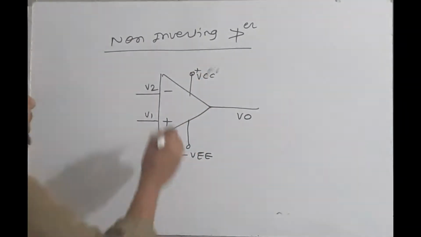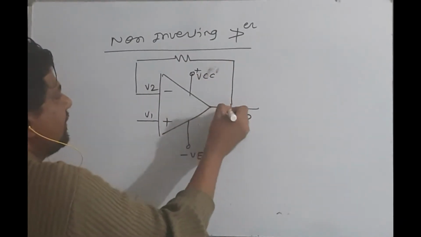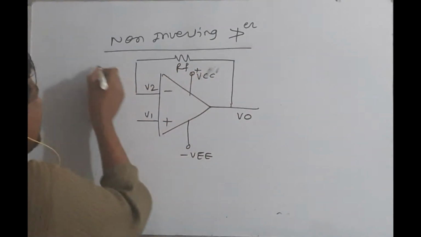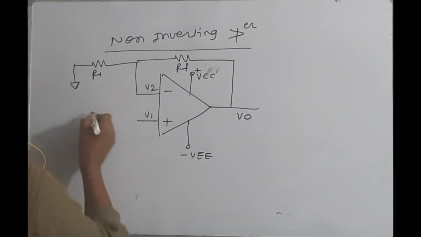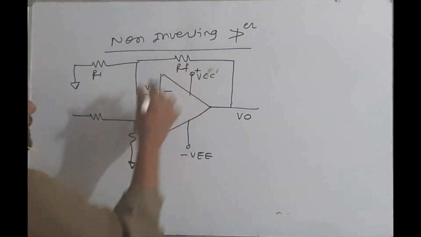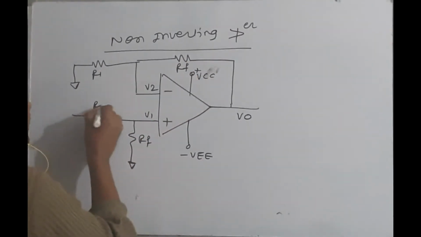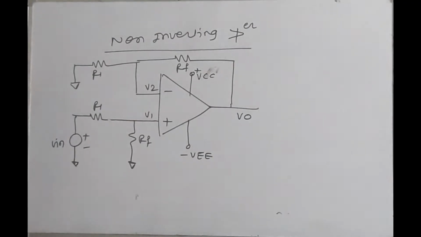A is the open loop gain of this amplifier, and in feedback I have the feedback resistor RF. Then this resistor value is R1. I will use the same resistor as RF. This is R1, plus minus Vin.